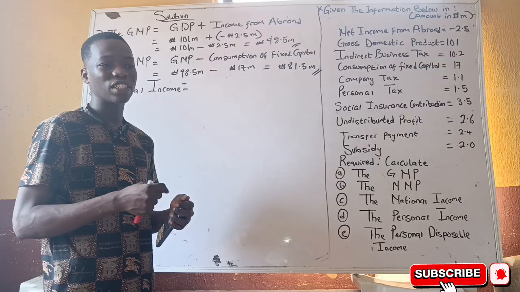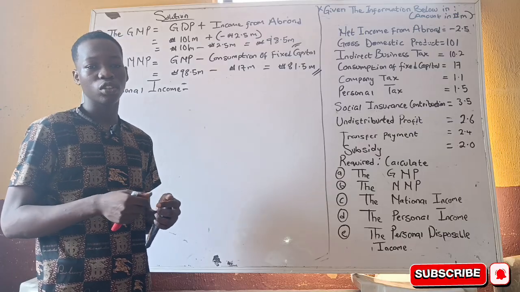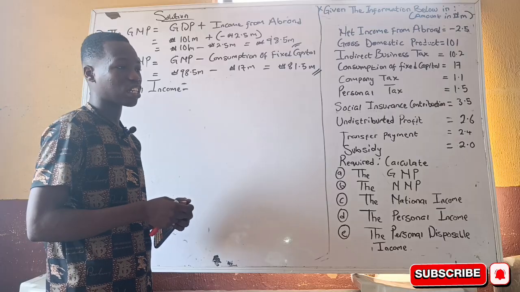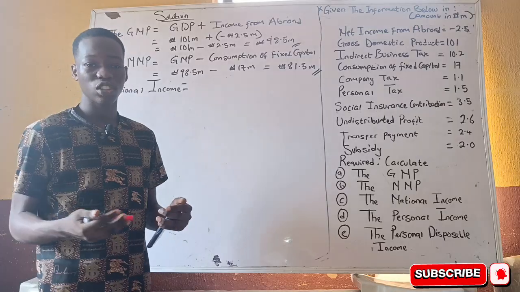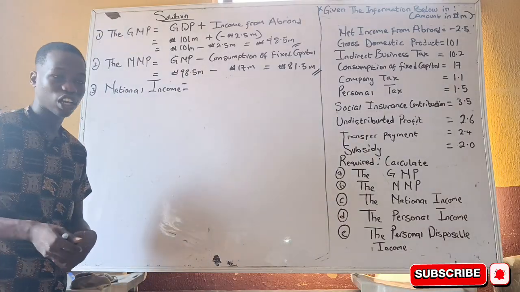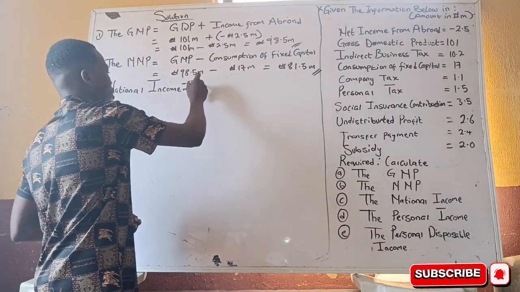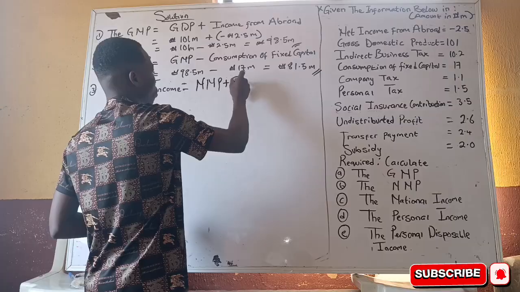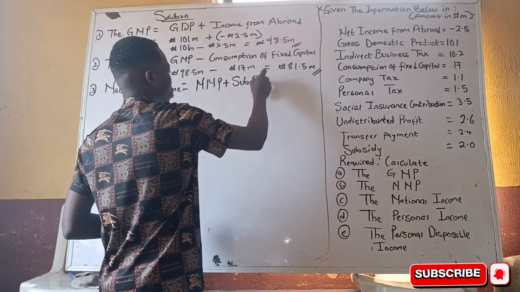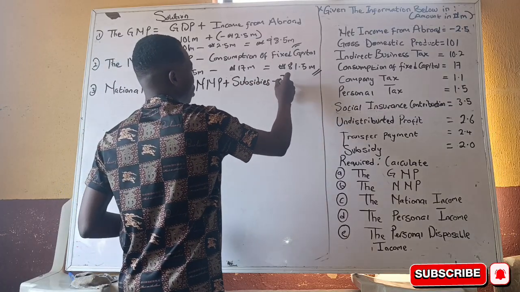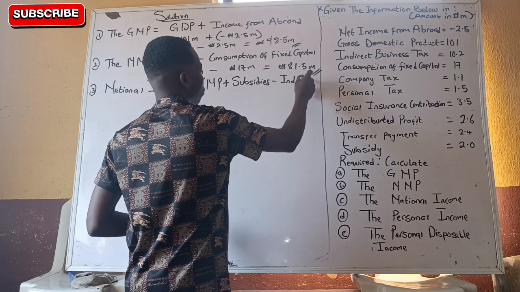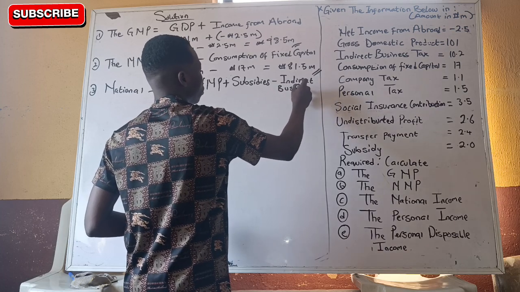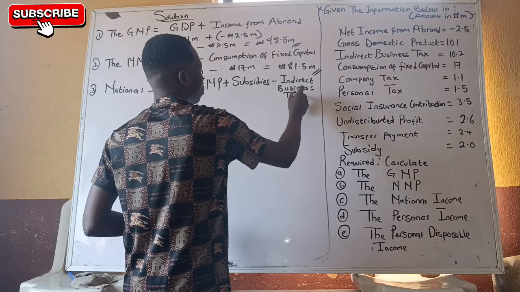All those taxes that have been charged on a product before it was sold or being produced are called indirect business tax. So all those taxes we will need to deduct, therefore we will get our national income. So we can say that this is equal to the net national product plus subsidies minus indirect business tax.